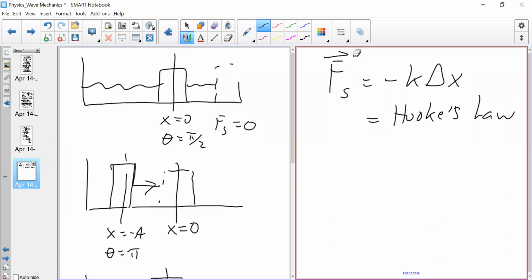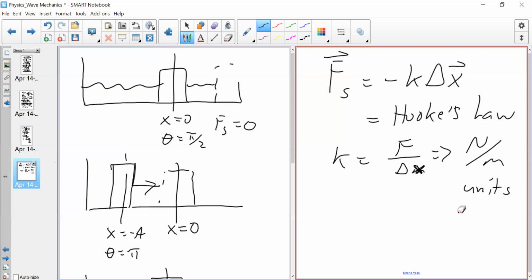Of course, this is a vector, force is a vector, K is a constant. And another thing, the units of K are newtons per meter, because it's force divided by displacement.